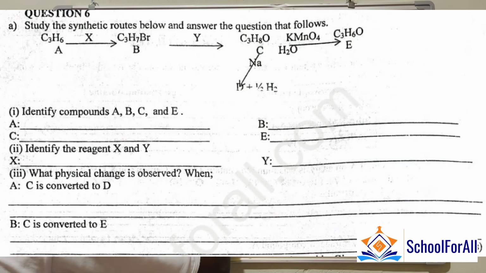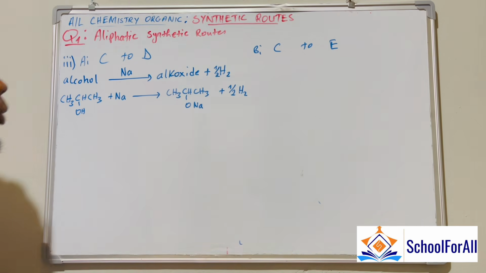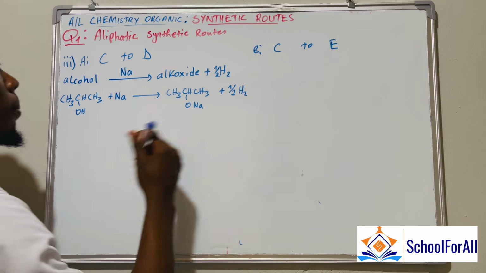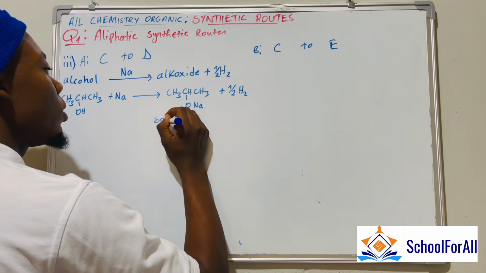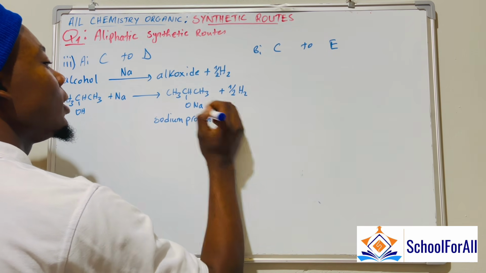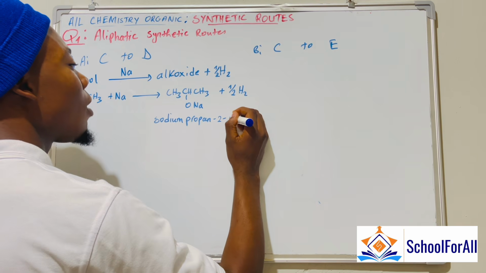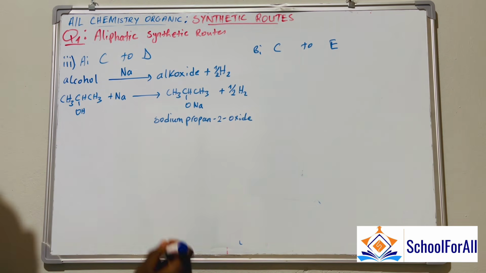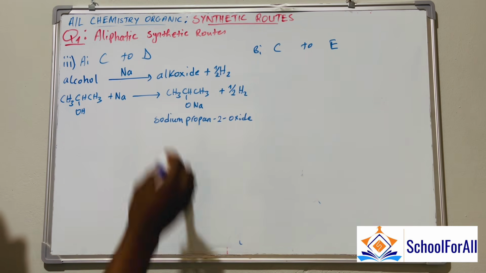So I will have CH3CH(ONa)CH3 plus hydrogen gas. What is the name of this compound? We generally call it sodium propan-2-oxide.